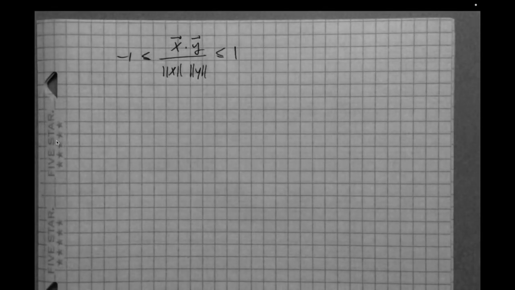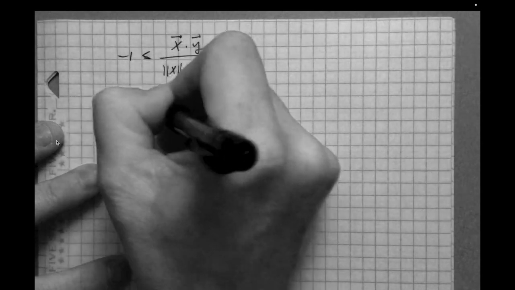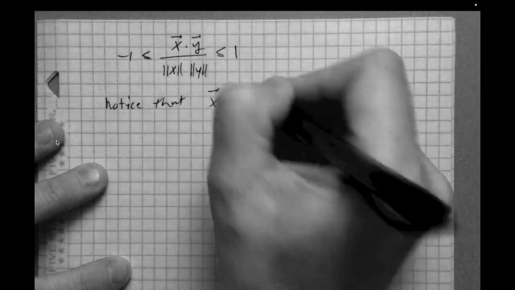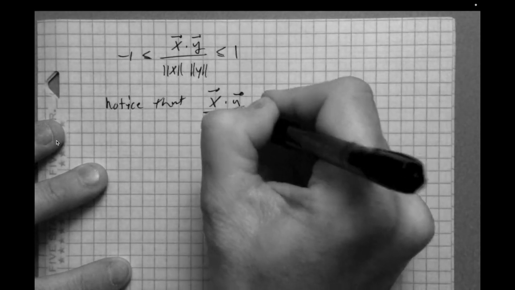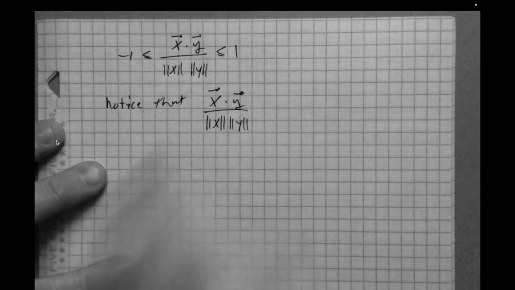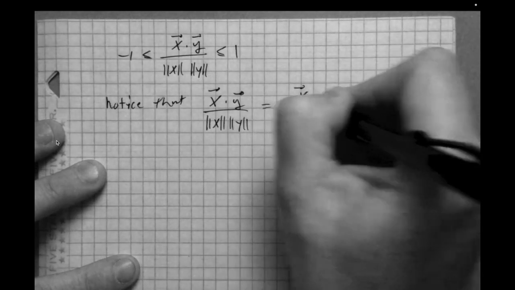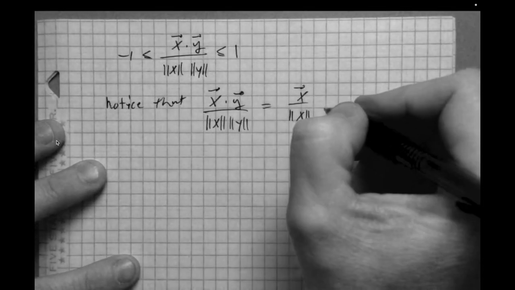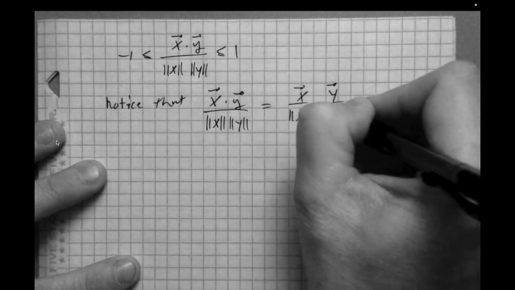Okay, so notice that x dot y over this product of the norms of the two vectors is equal to x over the norm of x dotted against y over the norm of y.